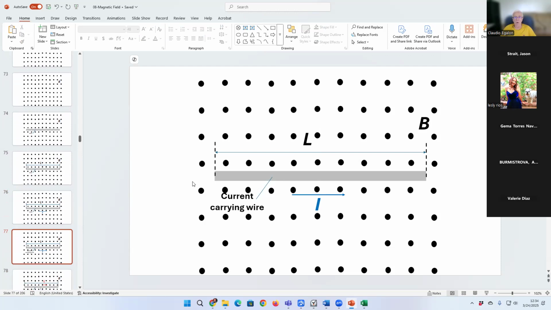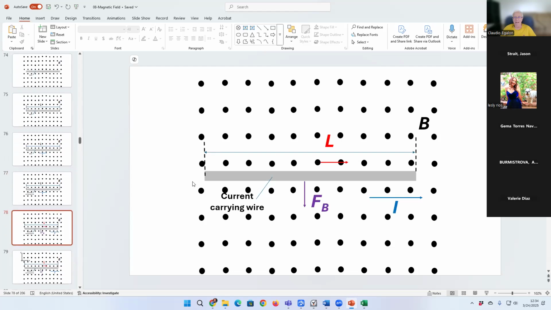So it is as though positive charges are moving from the left to the right in this section of the wire. The direction of L is the direction of motion of the charges. If you do L cross B, the magnetic force should be down. Do you picture that?